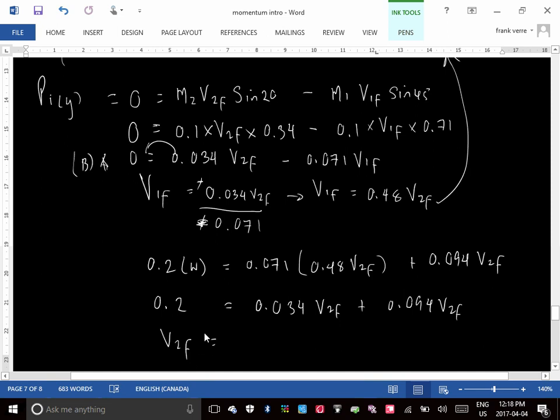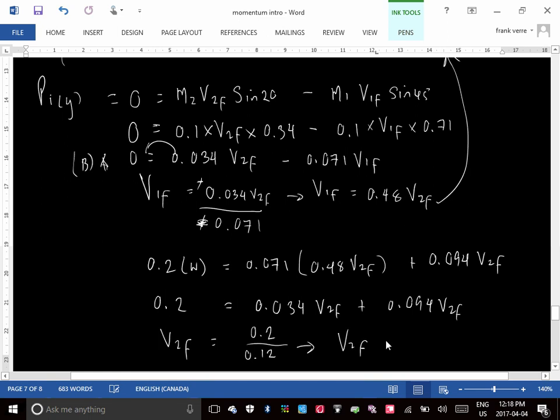Okay. What is V2F then? So this is going to add up to 0.12. So it's going to be 0.2 over 0.12.